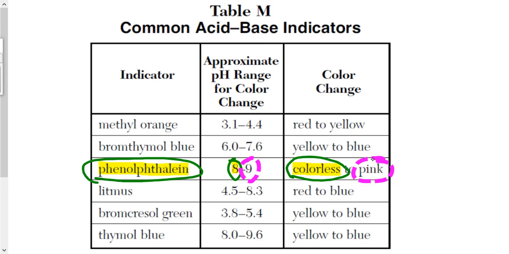So as we are adding base to our Erlenmeyer flask, if we have phenolphthalein as an indicator, as the base hits the acid in the flask, we're going to see a pink color. But the pink color is not going to be stable until it reaches the endpoint. And if we pass beyond the endpoint, obviously the solution color is going to be pink because we now have a basic solution.